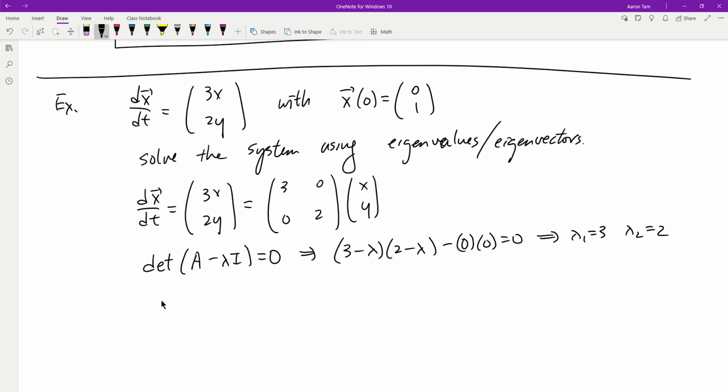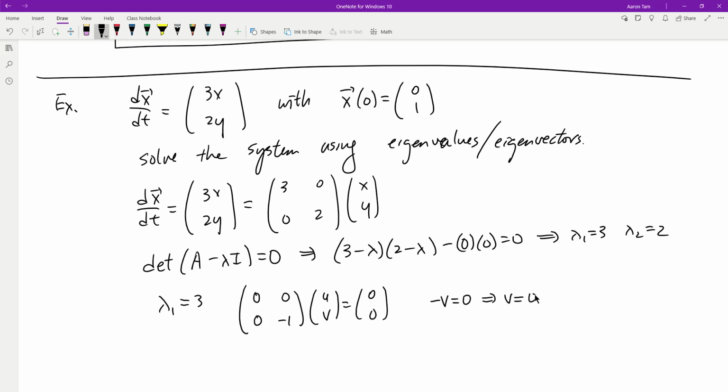Now let's try to solve for the eigenvector. So let's say lambda 1 is equal to 3. Therefore, what I have will actually be [0, 0; 0, negative 1] times (u, v) equal to 0. Note the first equation just says 0 plus 0 equal to 0, so that's completely useless. The second equation tells me that negative v equal to 0, which implies v equal to 0.